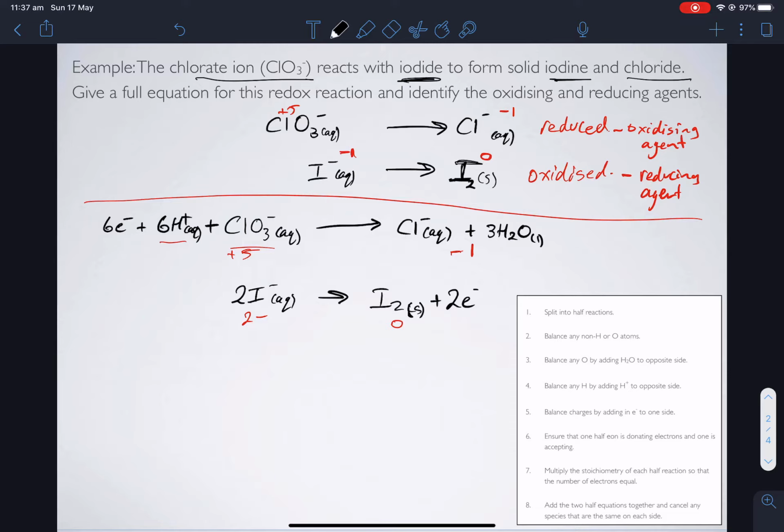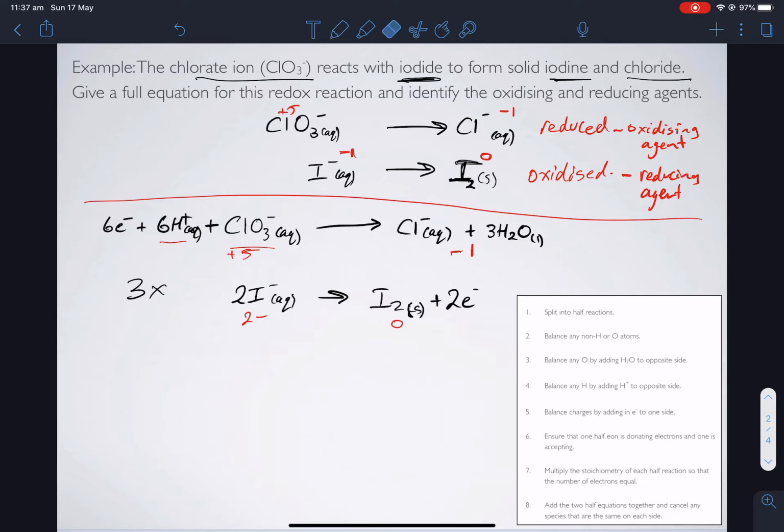So, let's look at the number of electrons to see how we can smash them together. So, one lot has to give up as much as the other lot takes. So, the first equation is taking 6 electrons, but the second equation, the iodine one, is only giving 2 electrons. So, to give 6 electrons, we need to multiply the second one here by 3 times the stoichiometry, okay?